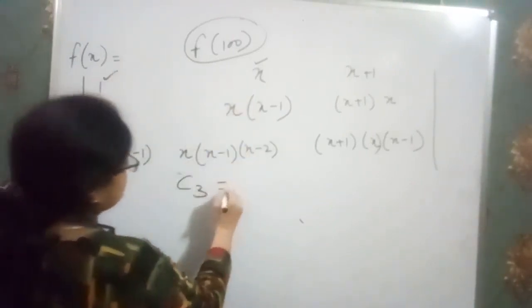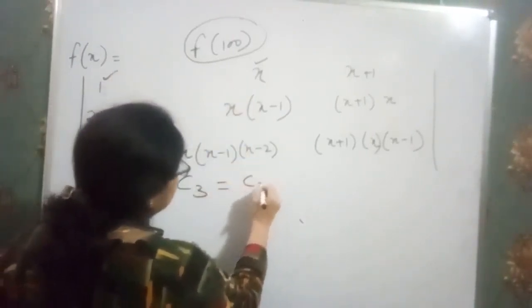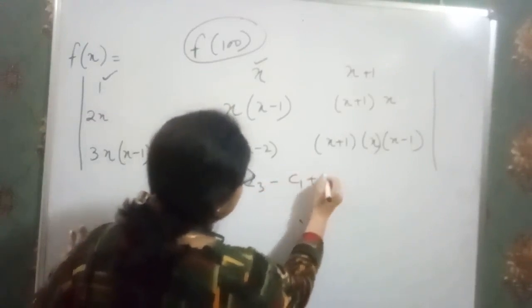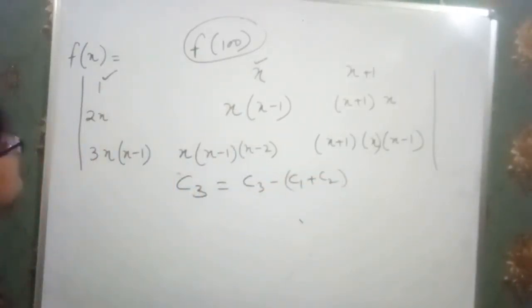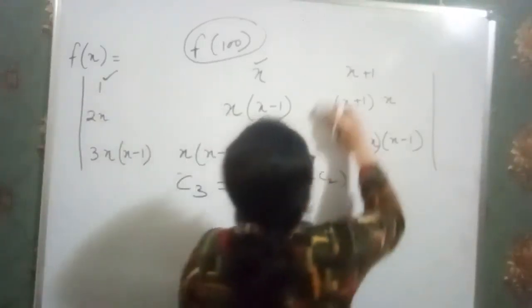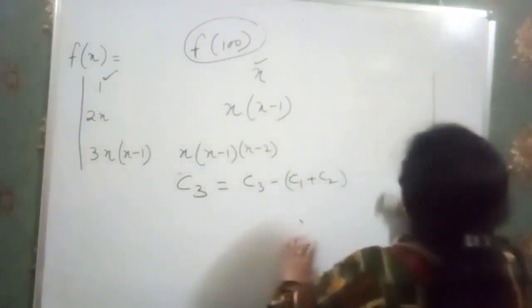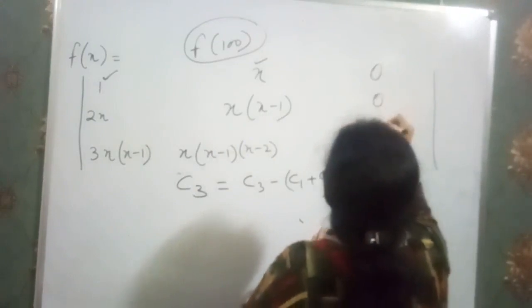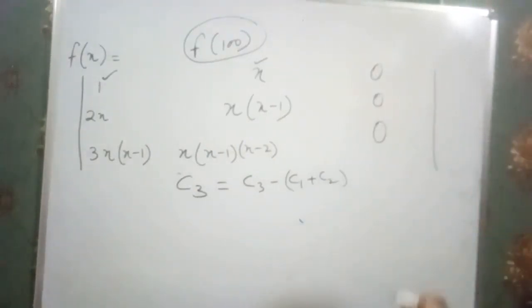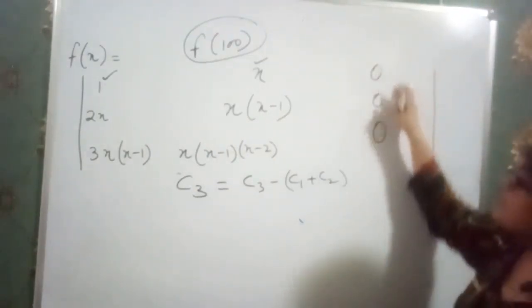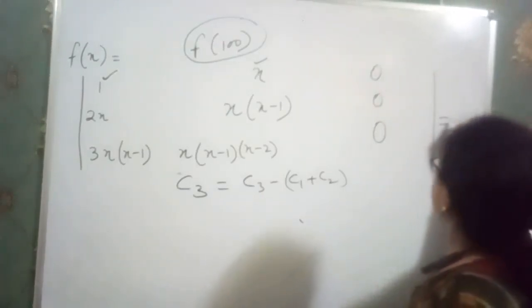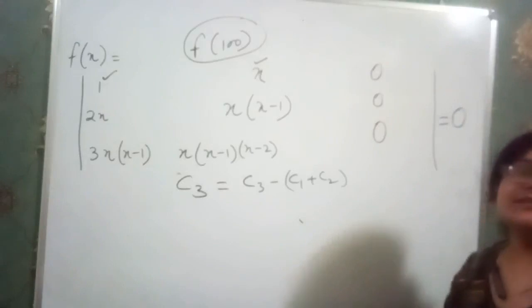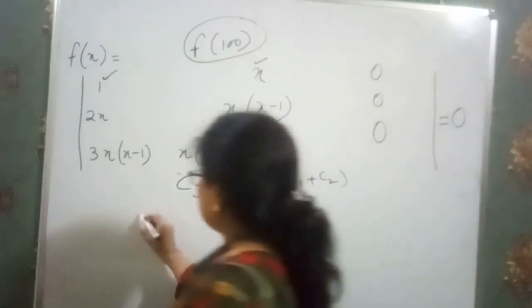When we do this, we ultimately got this term is equal to 0, 0 and 0. And with the property of determinant, if any column or row becomes 0, the whole value of the determinant becomes 0. So when f of x is equal to 0, f of 100 is also equal to 0.